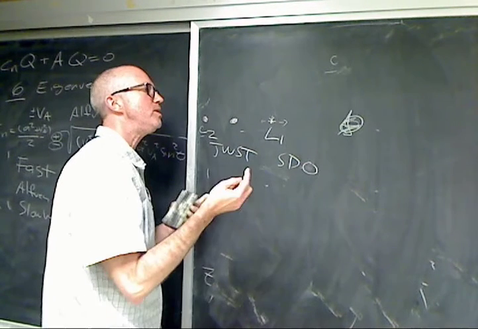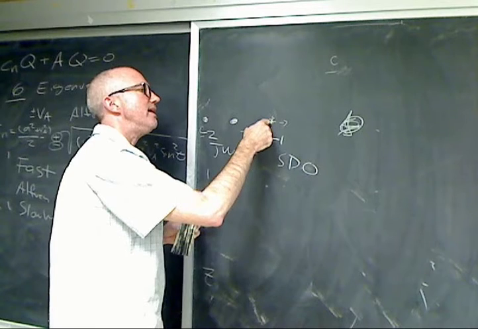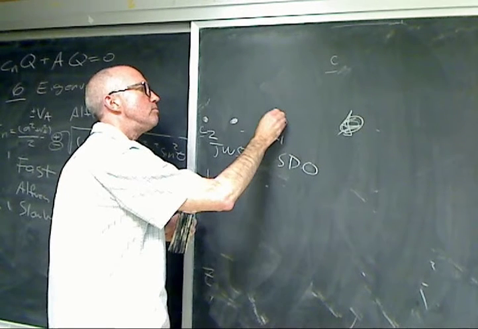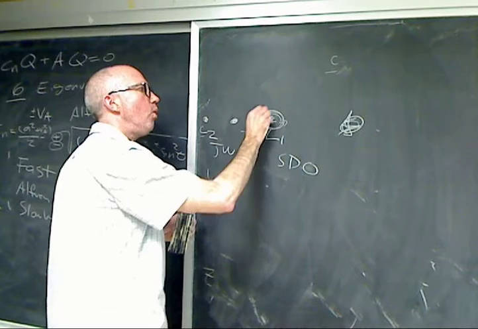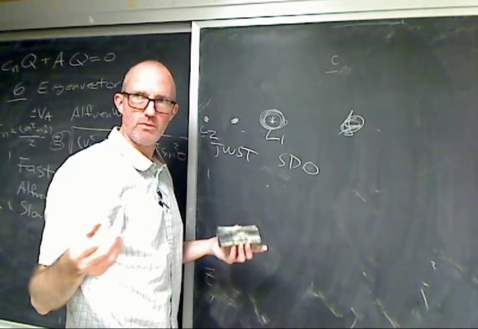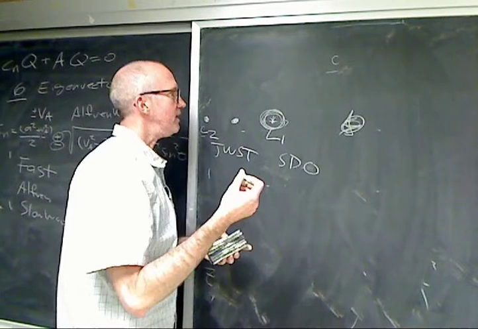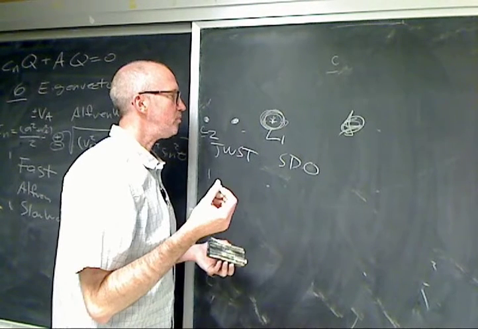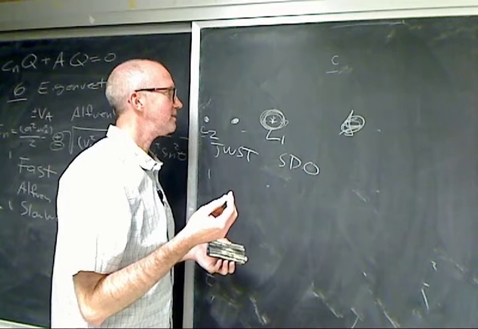Now the nice bit about L1 is you can put a satellite here and it's basically a stable point. It's a point in space that you orbit, which is totally unsettling to me.